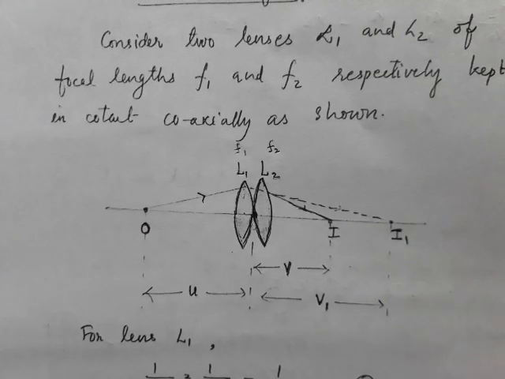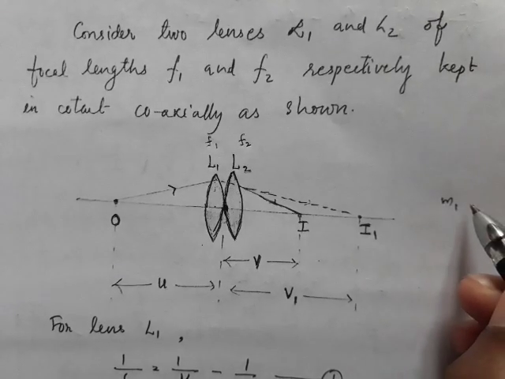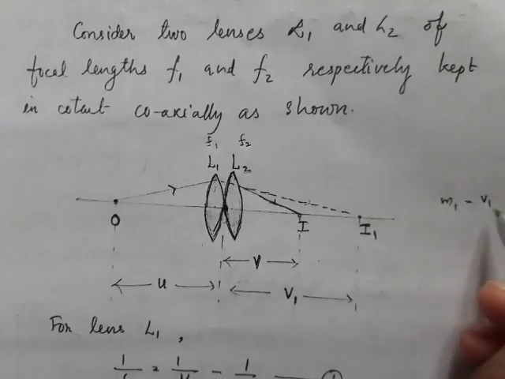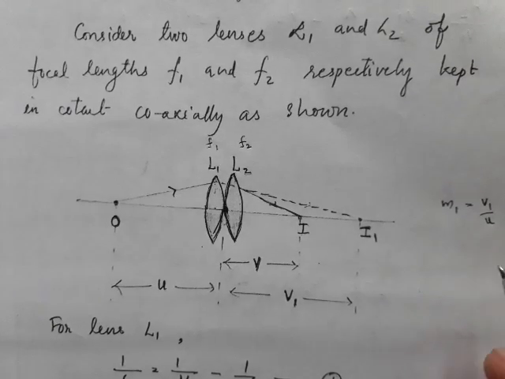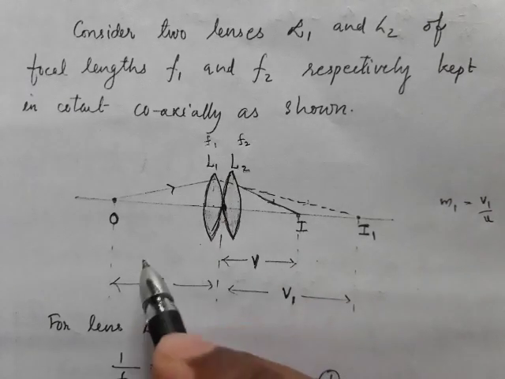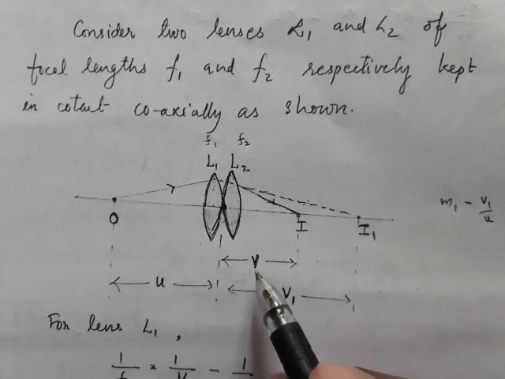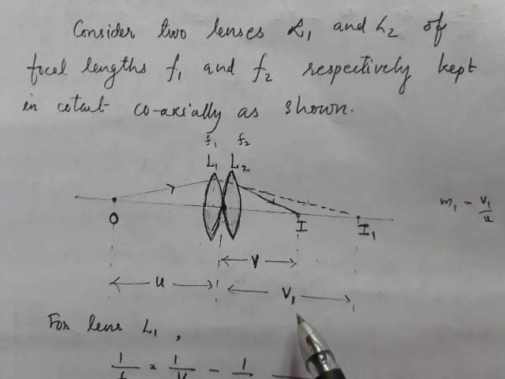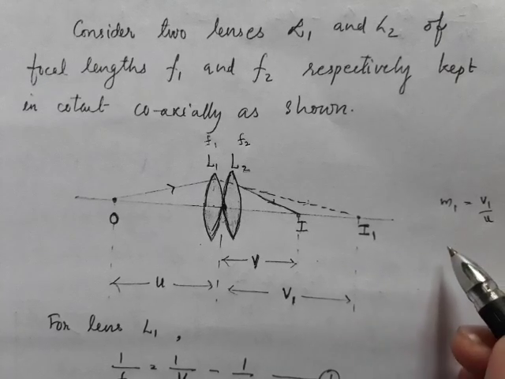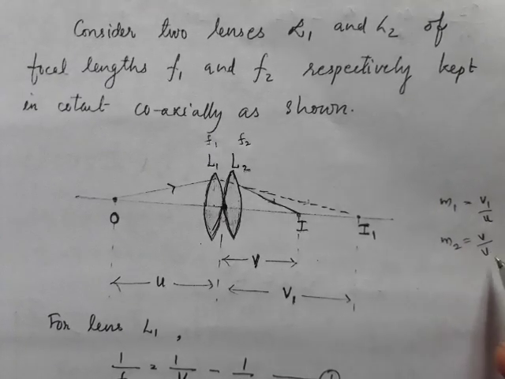So for the first lens magnification, if I write m1, that is image distance v1 by object distance u. Similarly for the second lens L2, we can write the image distance as v and object distance as v1. So let us write m2 as v by v1.